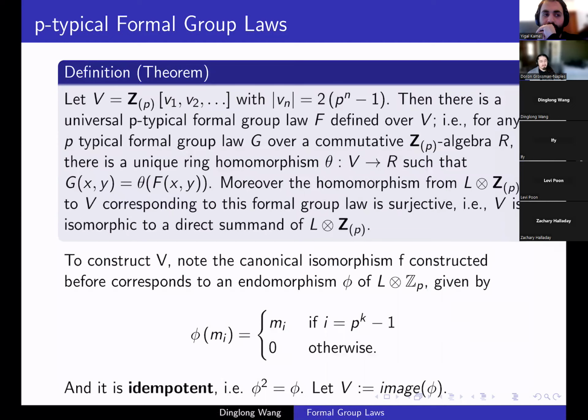So there's a similar universal ring in the p-typical setting. Let V be the free polynomial ring generated by the v_i's with coefficients in Z_(p).